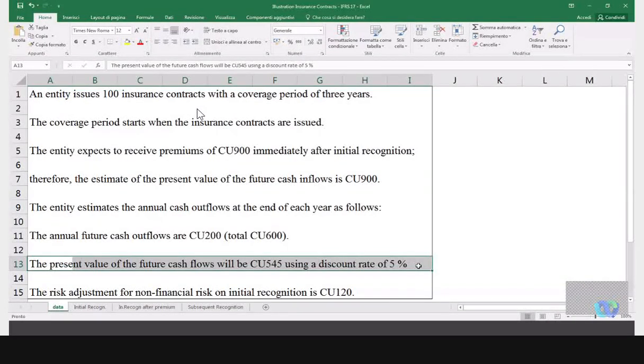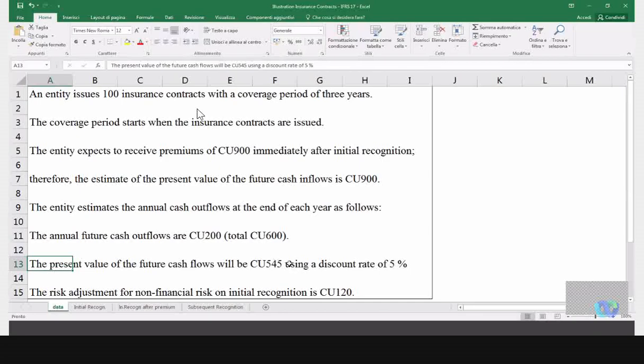It depends on the current market rates, but this is already provided for you. You should not think about that. So if I discount 3 payments of 200 cash units to the present with a 5% discount rate, we get a present value of 545. Again, this is based on the discount factors and tables that exist for this reason.